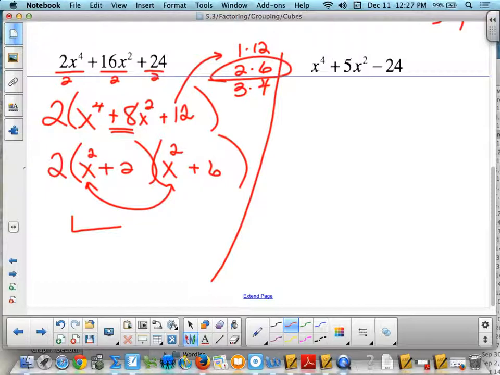Is there a GCF? No. It's a trinomial. See if you can factor it.